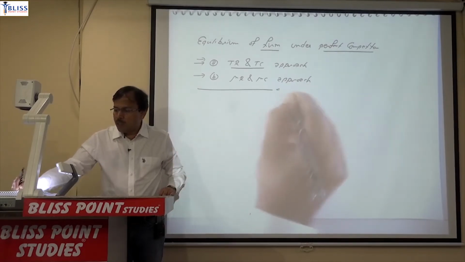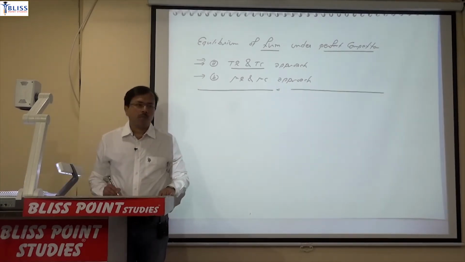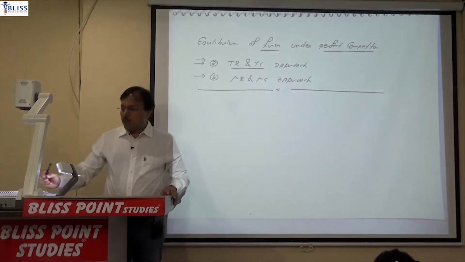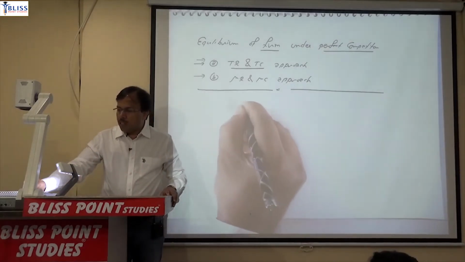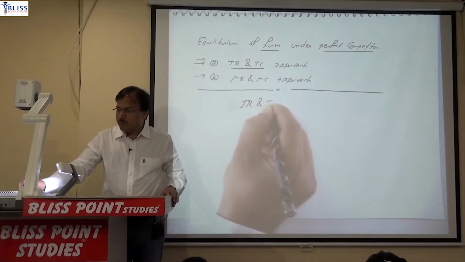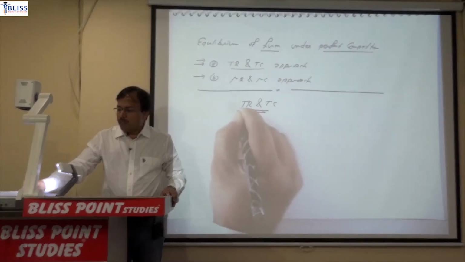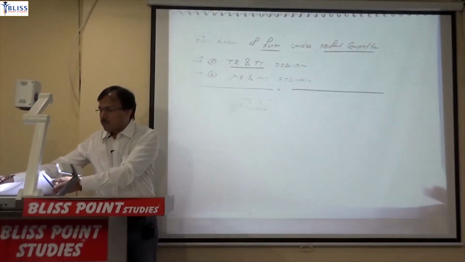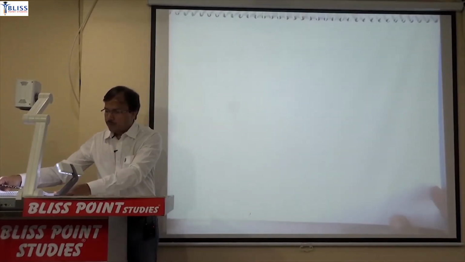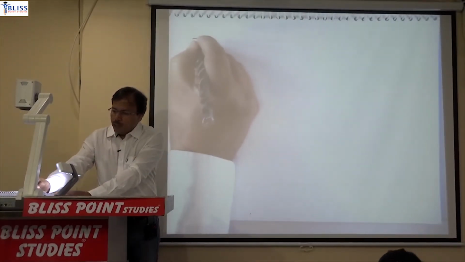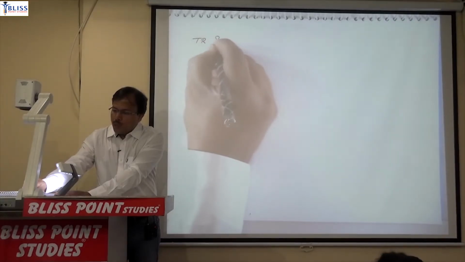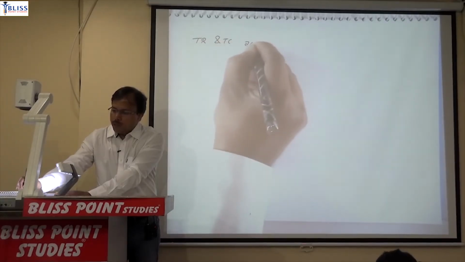Explain both approaches separately. First is TR and TC approach, total revenue and total cost approach.